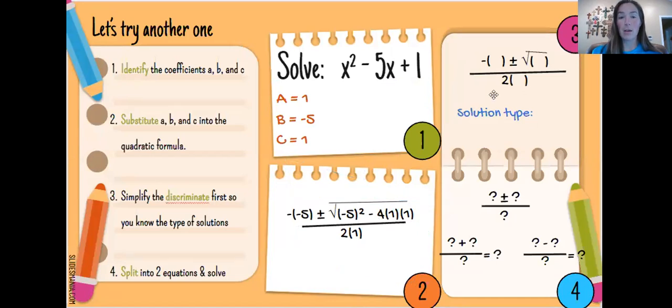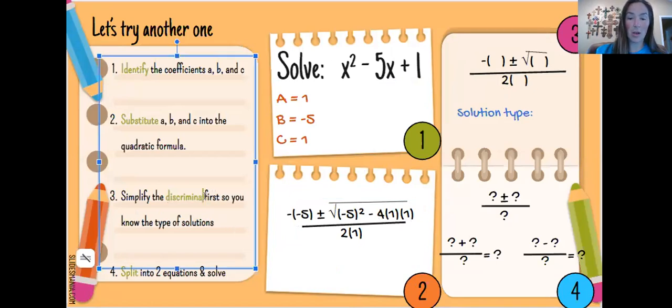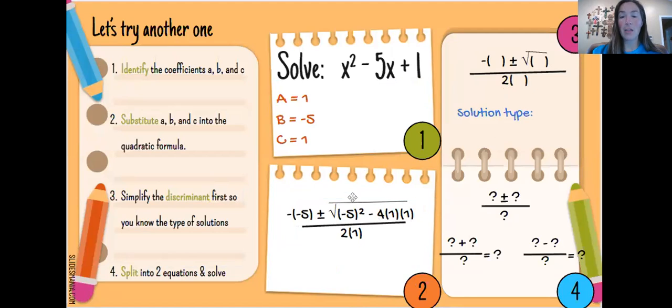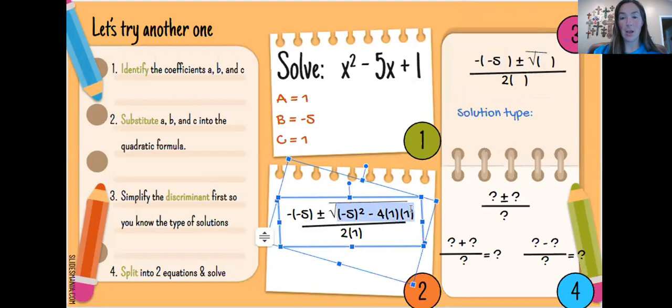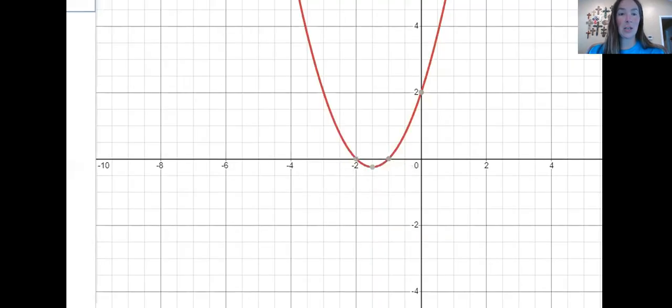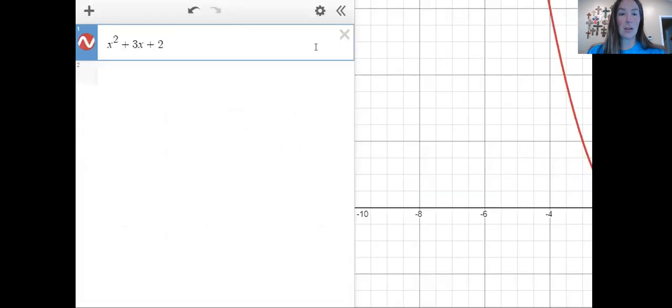Step 3, simplify the discriminant. Sorry, apparently I can't spell, and then of course I copied it a couple of times. And then find the types of solutions that we're going to get. So here we know this first part was -5, but then I need to simplify this that's under the radical. And again, like I said, I'm a proponent of the copy paste and using Desmos to figure that out.